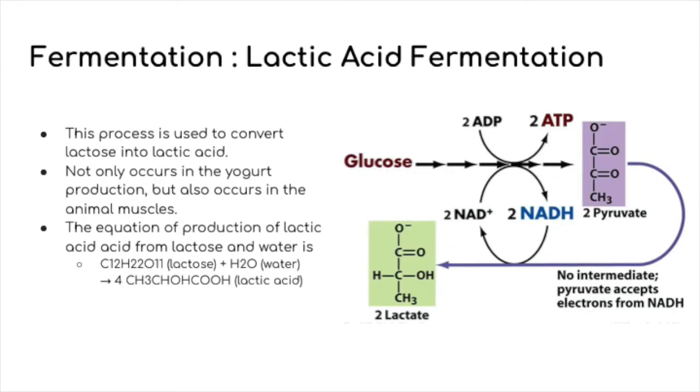And for lactic acid fermentation, the pyruvate molecules from glucose metabolism, glycolysis, may be fermented into lactic acid. Lactic acid fermentation is used to convert lactose into lactic acid in yogurt production. It also occurs in animal muscles when the tissue requires energy at a faster rate than oxygen can be supplied.